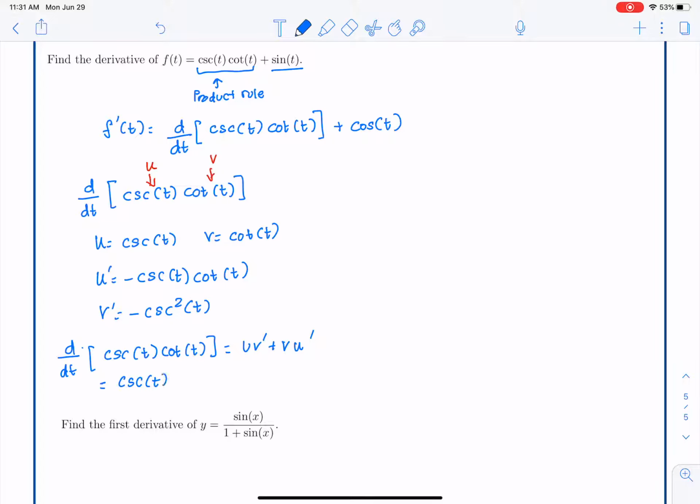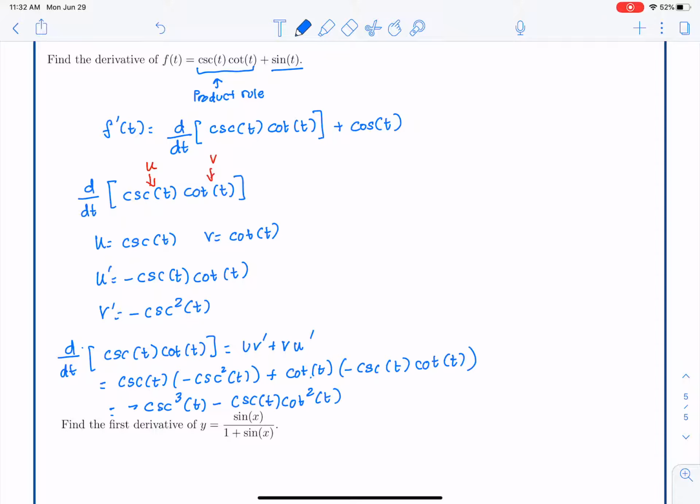Cosecant t multiplied by negative cosecant squared t plus cotangent t multiplied by u prime, negative cosecant t times cotangent t, which would reduce to negative cosecant cube t. Cotangent t times cotangent t is cotangent squared t, so minus cosecant t times cotangent squared t.